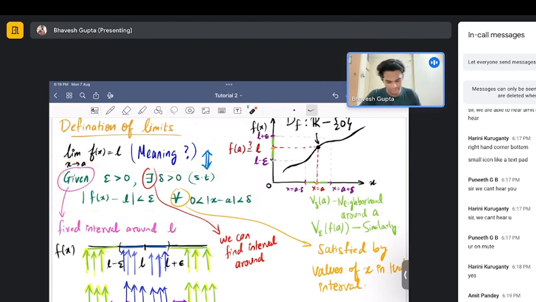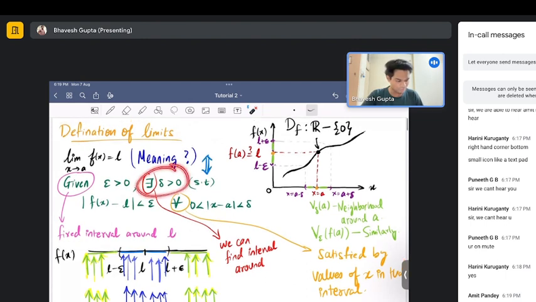It basically tells you there is an interval around this limiting value, and an interval around the point on the x-axis at which you wanted to understand the behavior of the function. This expression tells you that you can calculate the distance between the function and the limit.